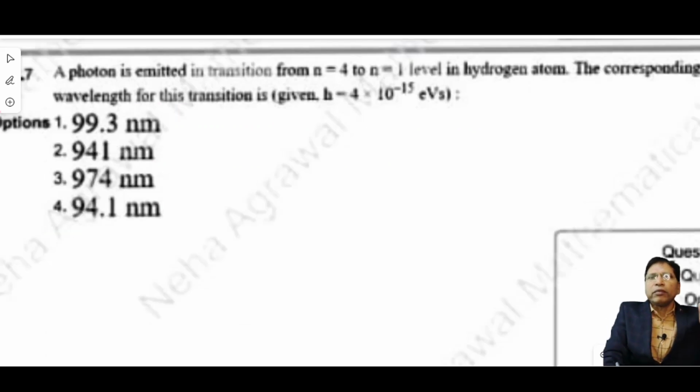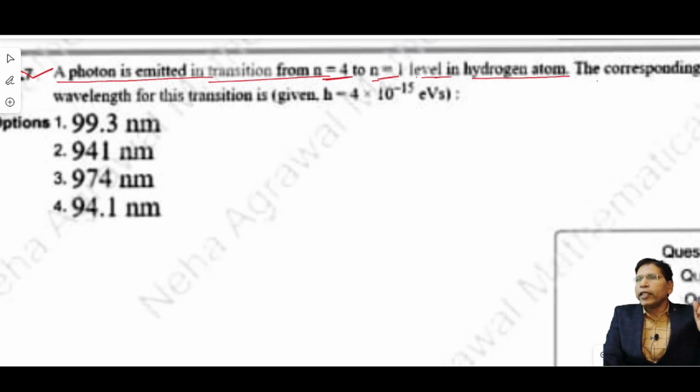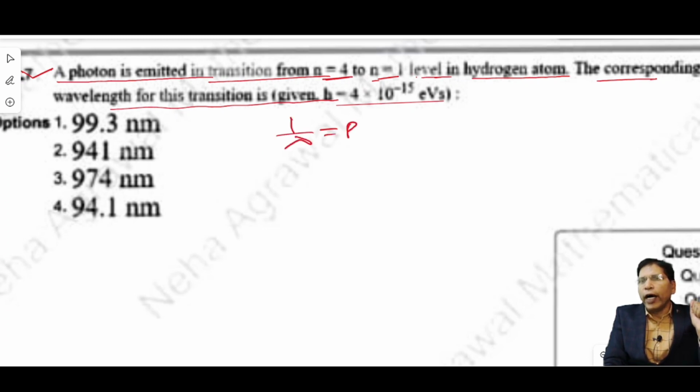Now look at question number 7. A photon is emitted in transition from n equal to 4 to n equal to 1 level in hydrogen atom. The corresponding wavelength for this transition. Here H is given. For this transition, we know 1 by lambda equals R into 1 by 1 square minus 1 by 4 square.